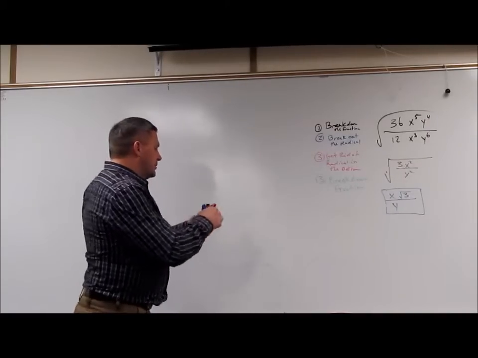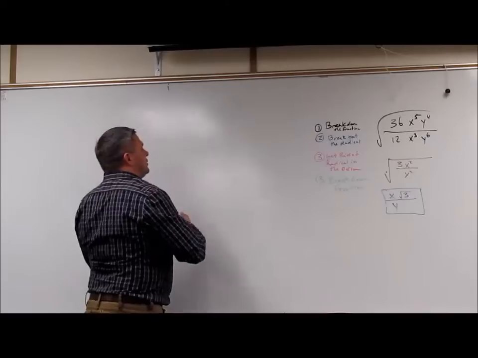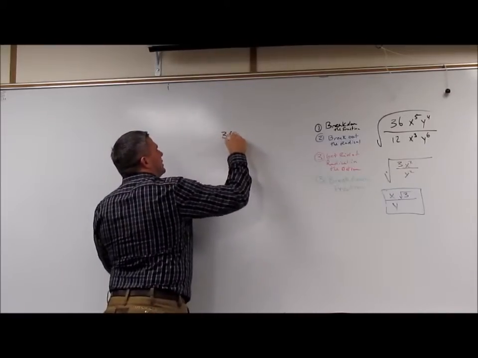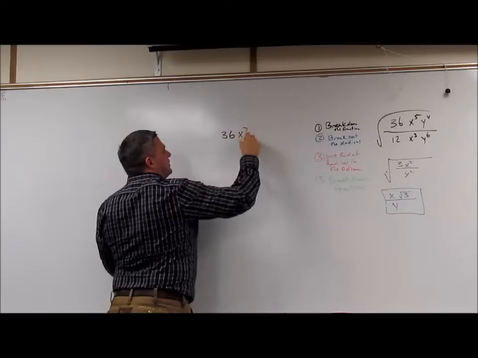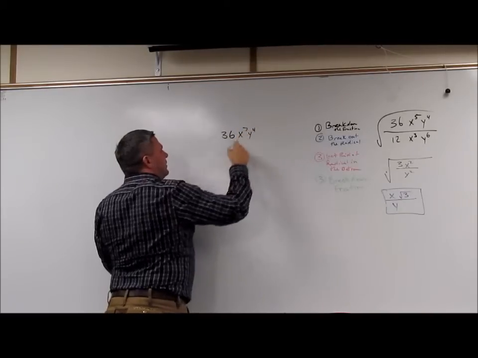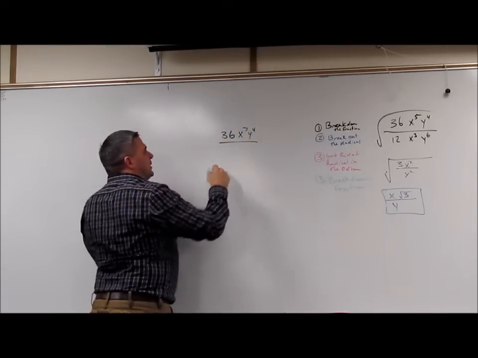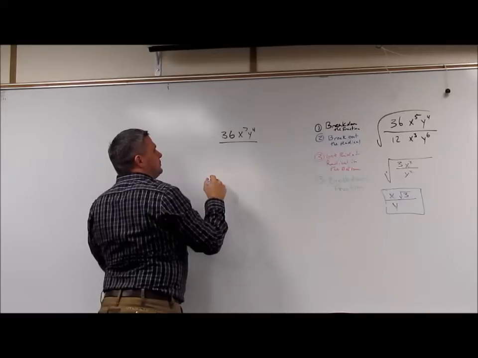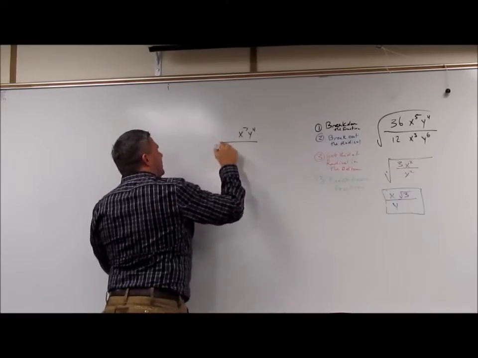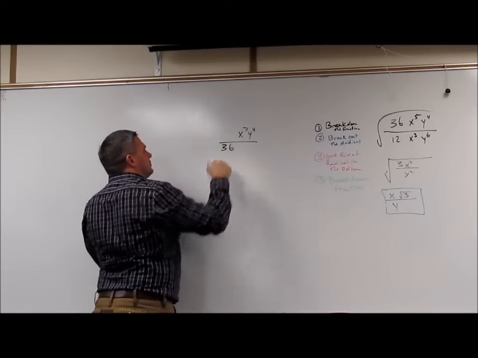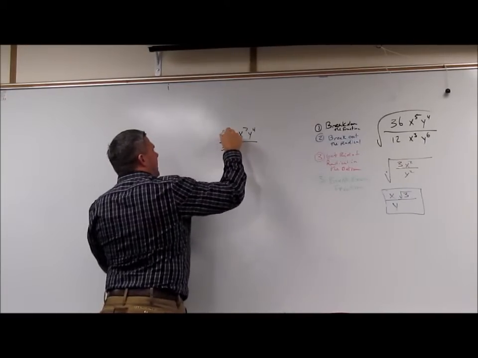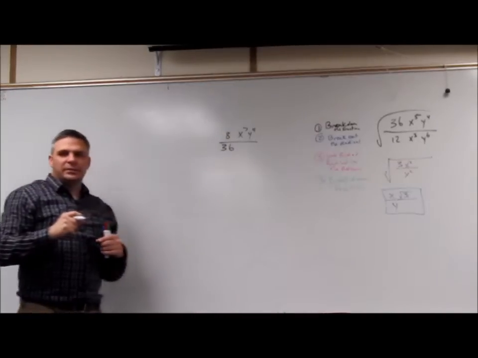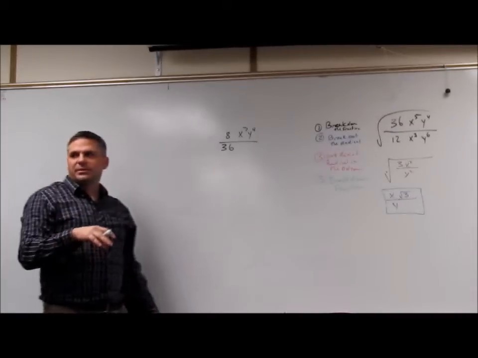Let's try real quickly something like 36 x to the 7th y to the 4th over, or actually, let's put the 36 down here and put an 8 up here. That's definitely going to give me something weird.